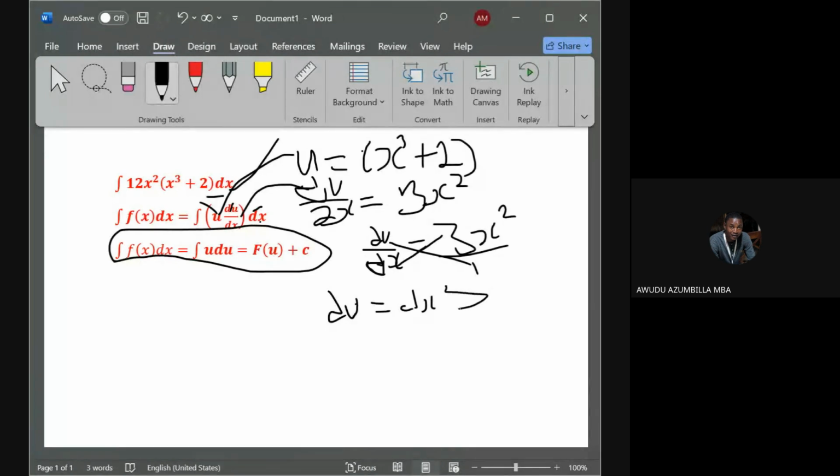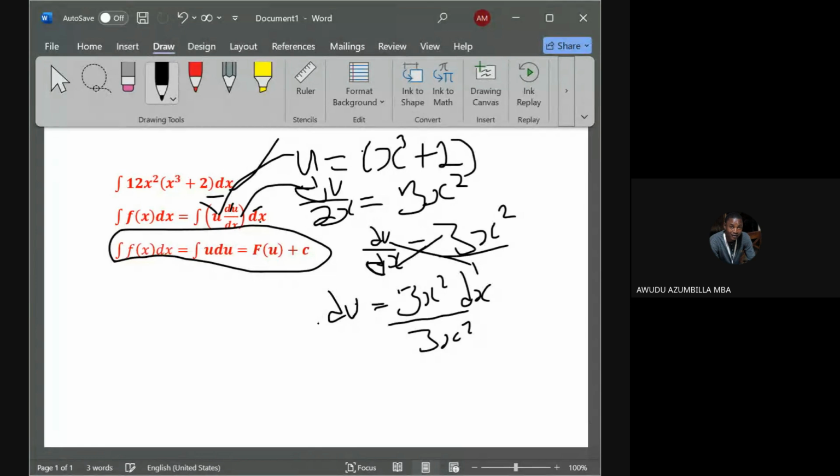multiplied by 3x squared. So I'm going to get 3x squared dx. But I'm looking for the dx alone, not 3x squared dx. So I will divide here by 3x squared.